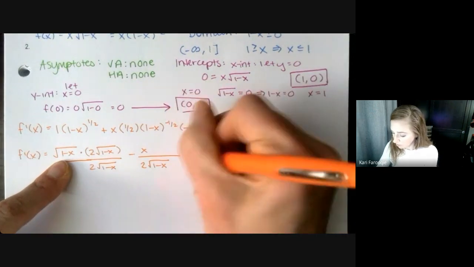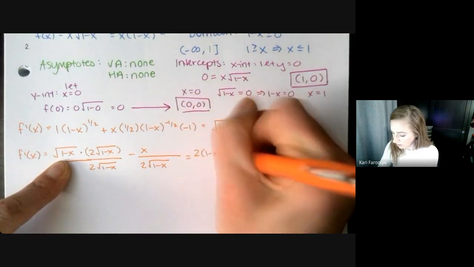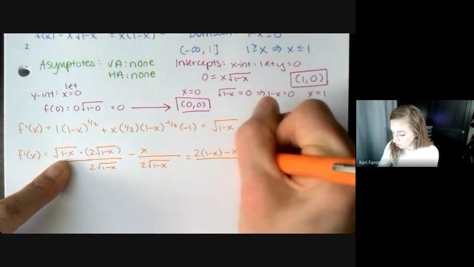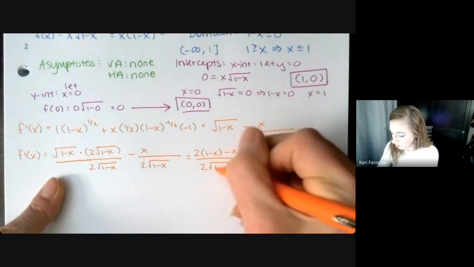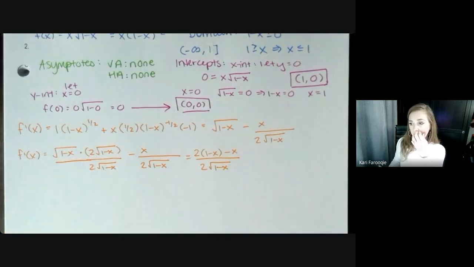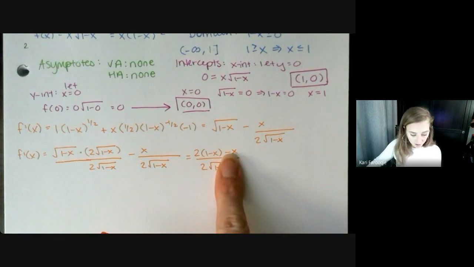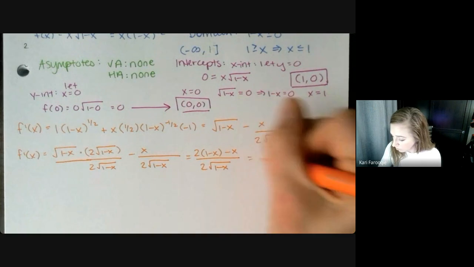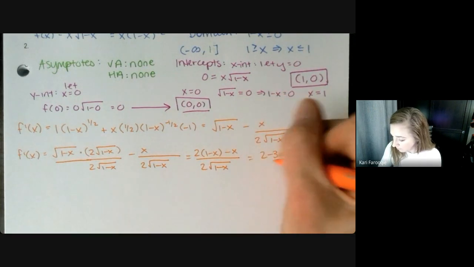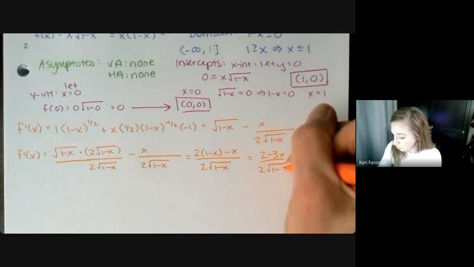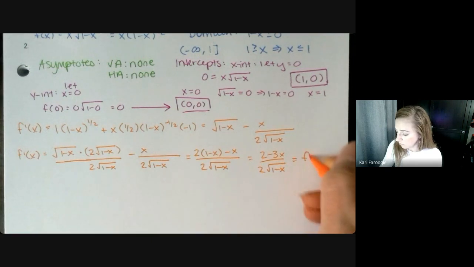So the first term gives you twice 1 minus x. The second term still just has minus x. Your denominator now stays the same. If this is one of those spots where the algebra is sticky and you need to pause it and go back, please do so. 2 minus 2x minus x is 2 minus 3x over twice the square root of 1 minus x. I'm going to just call this out again as f prime.